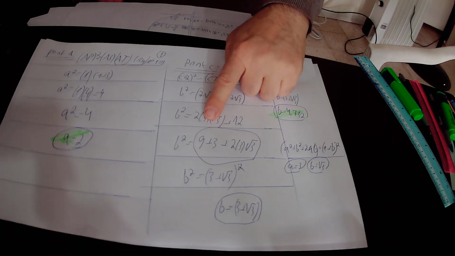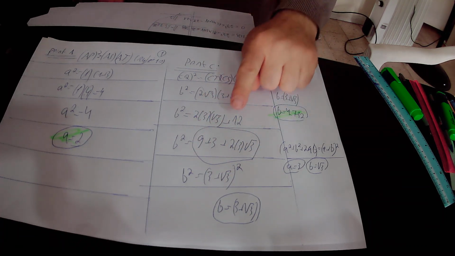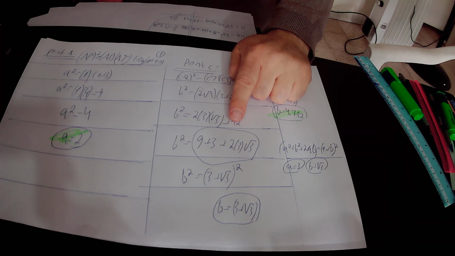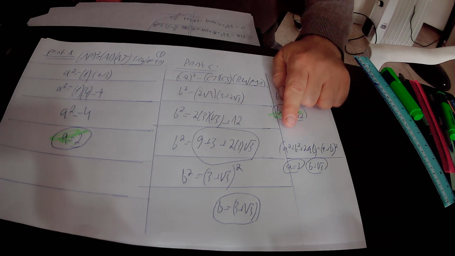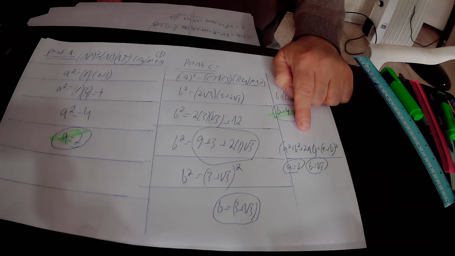This expression, 9 plus 3 plus 2 times 3 times root of 3, is equivalent to the expression a squared plus b squared plus 2 times ab if we substitute a by 3 and b by root of 3.